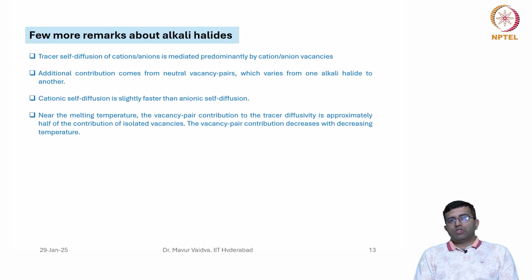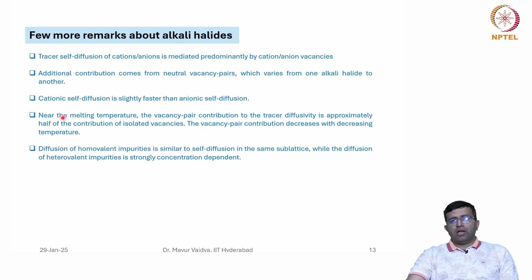In fact, near the melting temperature, earlier we derived equations where we neglected the vacancy pair contribution. However, the vacancy pair becomes more predominant at higher temperatures. Near the melting temperatures, it contributes as much as half to the tracer diffusivity. The vacancy pair contribution decreases with decreasing temperature.